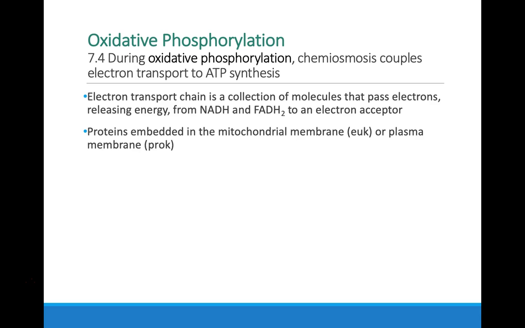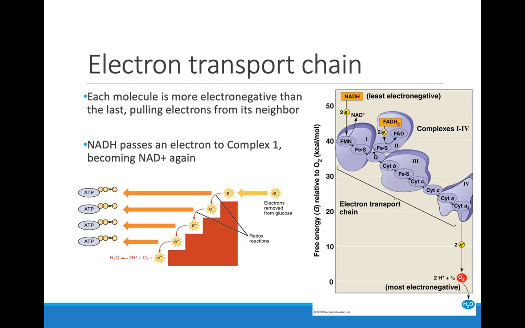And so the process of oxidative phosphorylation is going to occur embedded in the plasma membrane rather than the mitochondrial membrane. We're going to stick to the mitochondria though because we're eukaryotes and humans are quite self-centered, so we're going to talk about ourselves for a while.